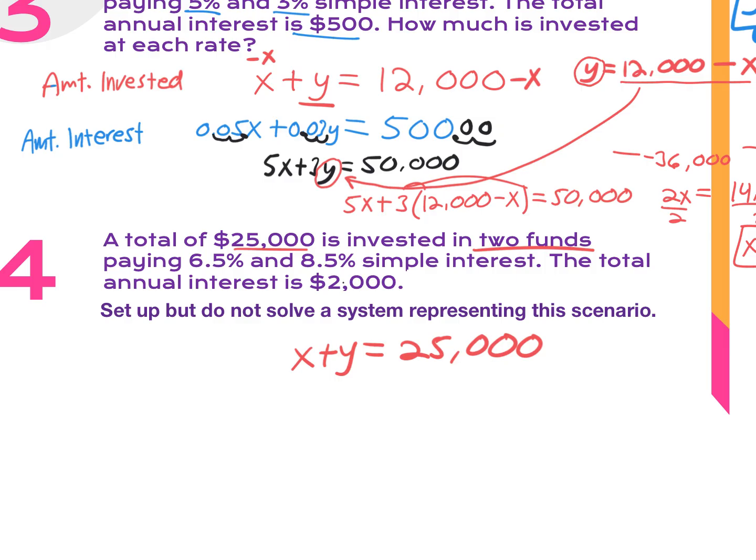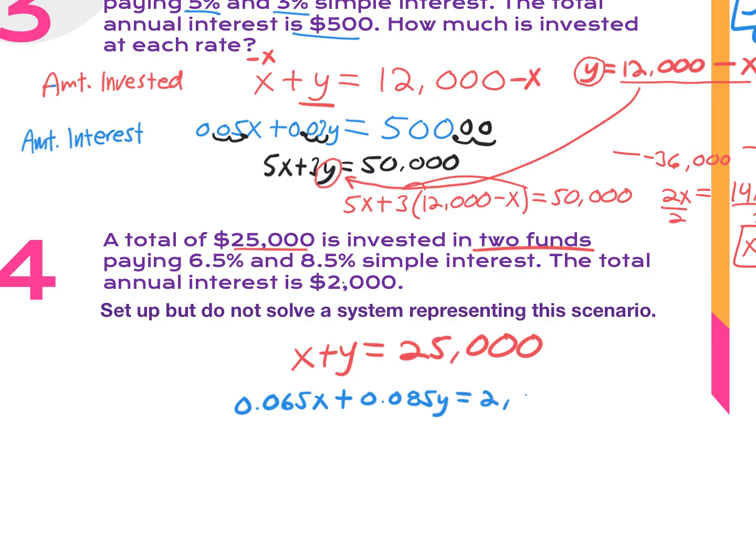So that's our first equation, and then we have 2 funds paying 6.5% and 8.5% interest, and the total amount of interest is 2,000. How can I represent that? 0.065 times one of our funds, so x, plus what would our other one be? 0.085 times y.